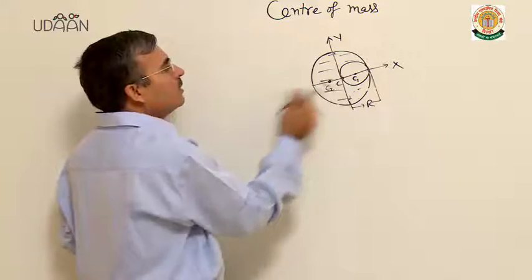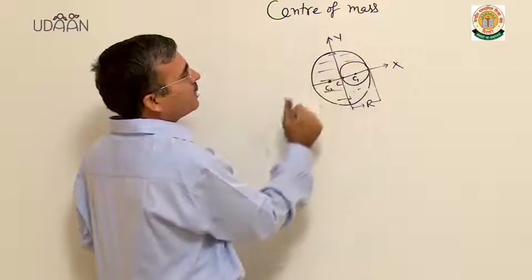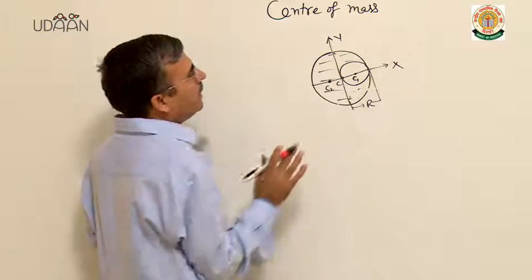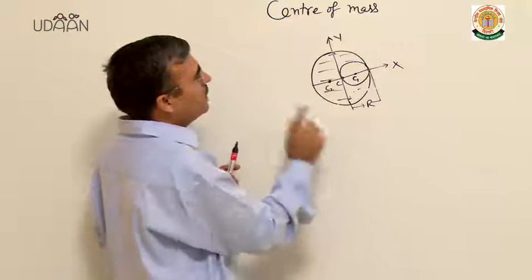Okay. For simplicity, I take C as the origin, x axis, y axis like this. Again, the masses will be in the ratio of the areas.